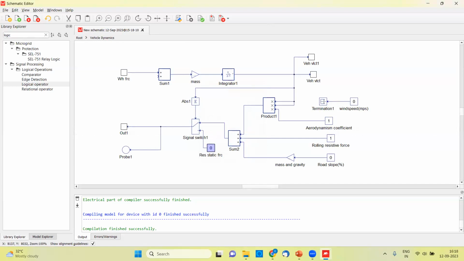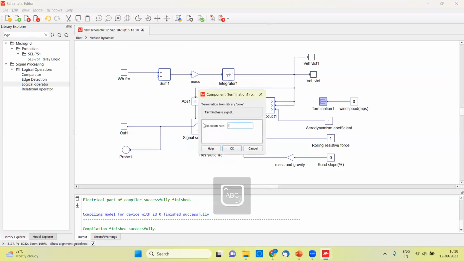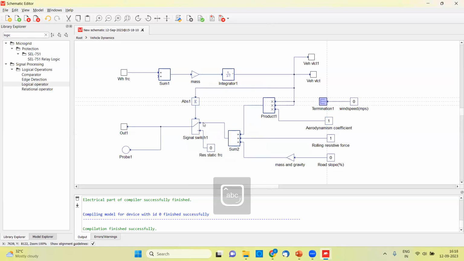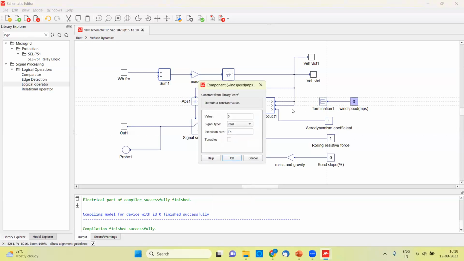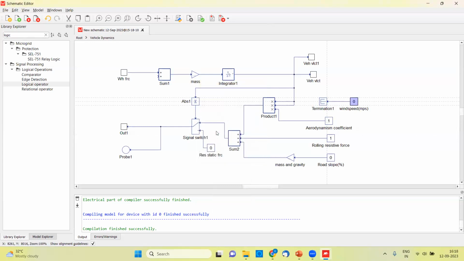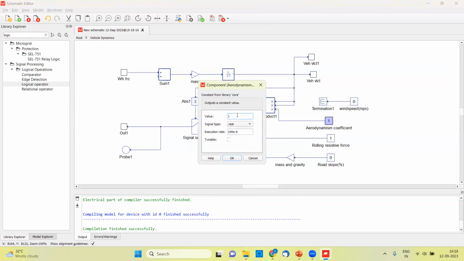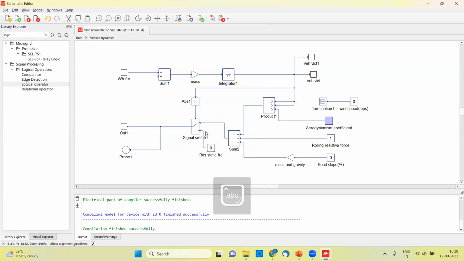For terminator also we are going to use TS. Wind speed constant we have already given as 0. Okay, I will leave this to inherit. Then we are having aerodynamism coefficient. So aerodynamism coefficient value is 0.428. And this I have taken as TS.